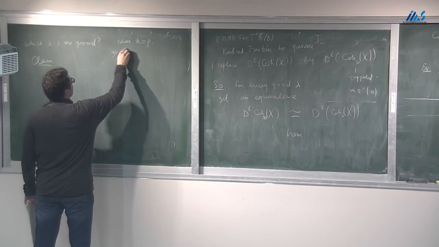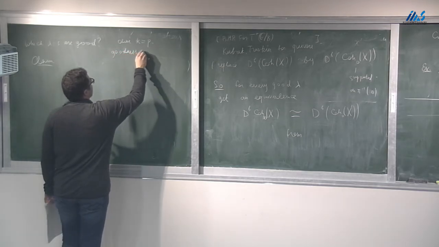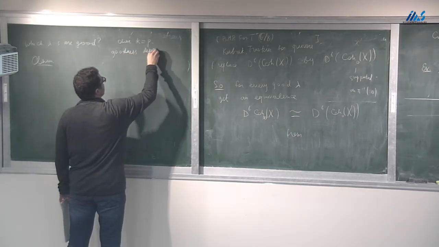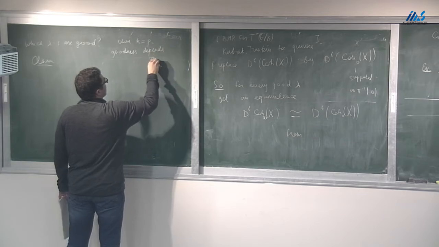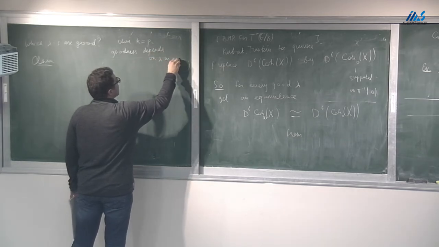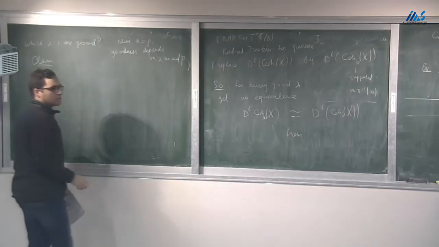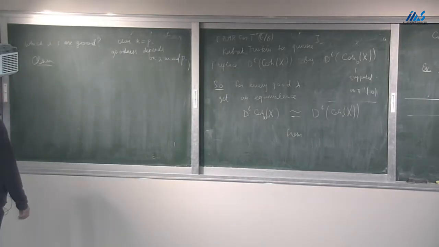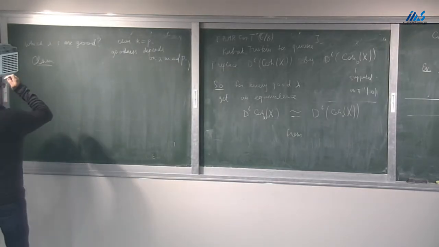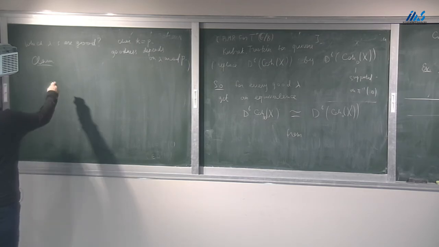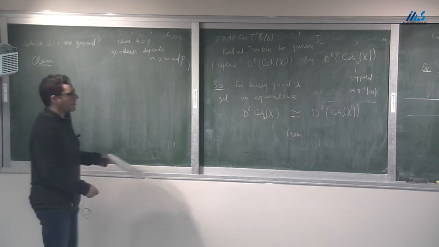So goodness only depends on lambda mod P. And so the claim is that, what is good then? The derived localization holds.